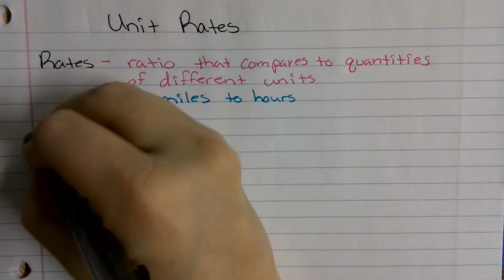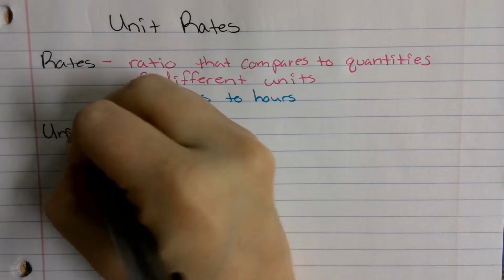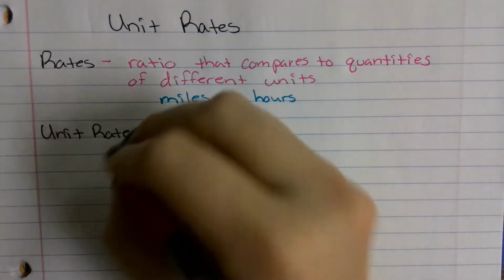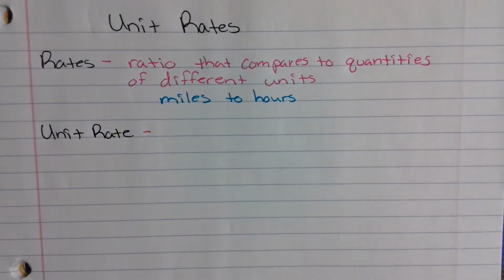Then you've got a unit rate. And a unit rate is very common for what you guys see. You might not know it though, but you see unit rates all the time. When you go to the gas station and you're looking at the price, that's considered a unit rate. That is a price that you're spending per gallon of gas. When you are traveling down the highway, it's got a speeding sign that tells you how fast you're allowed to go per hour.